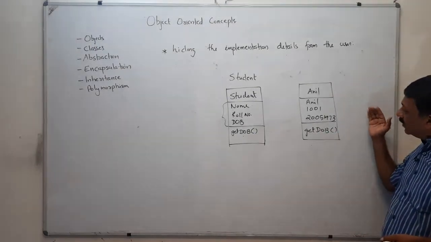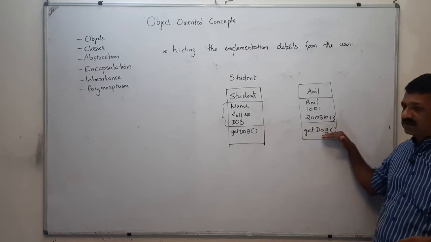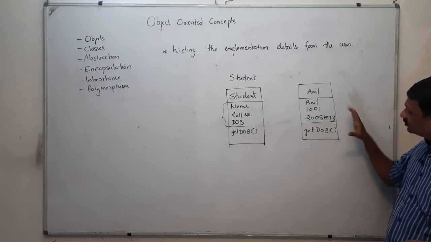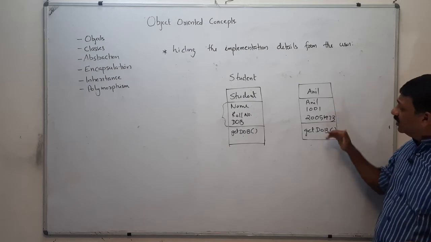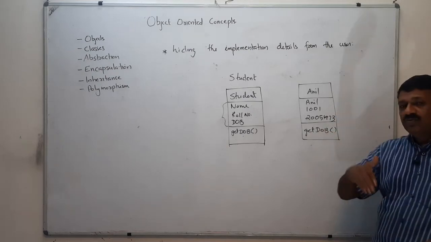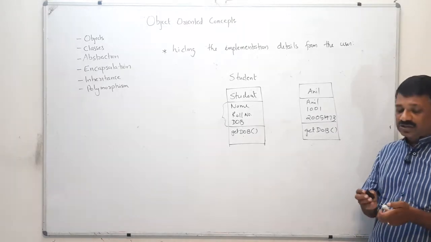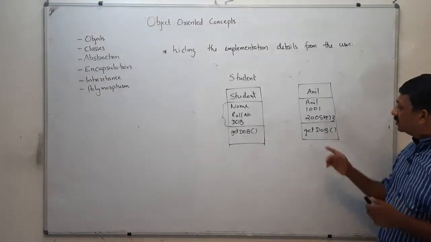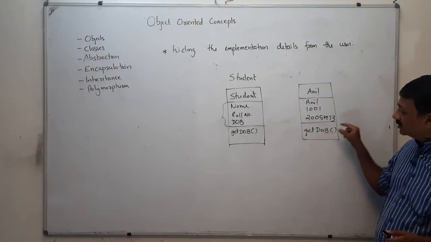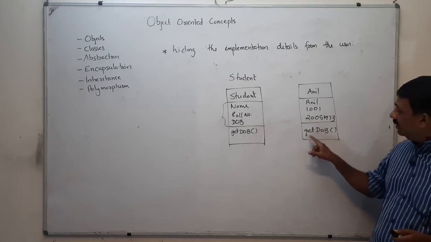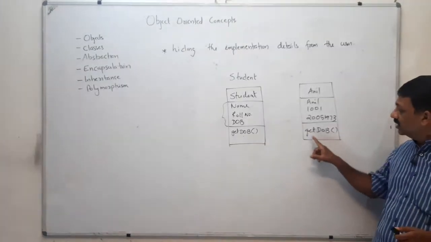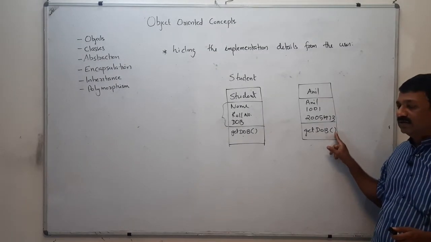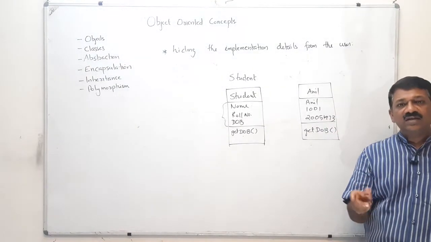Suppose that they have provided a function like this, that means the writer or designer of this class, if he wants to give the date of birth to the outside world, then the designer may give a function or method like this, that means getDOB, just like a switch in a TV.